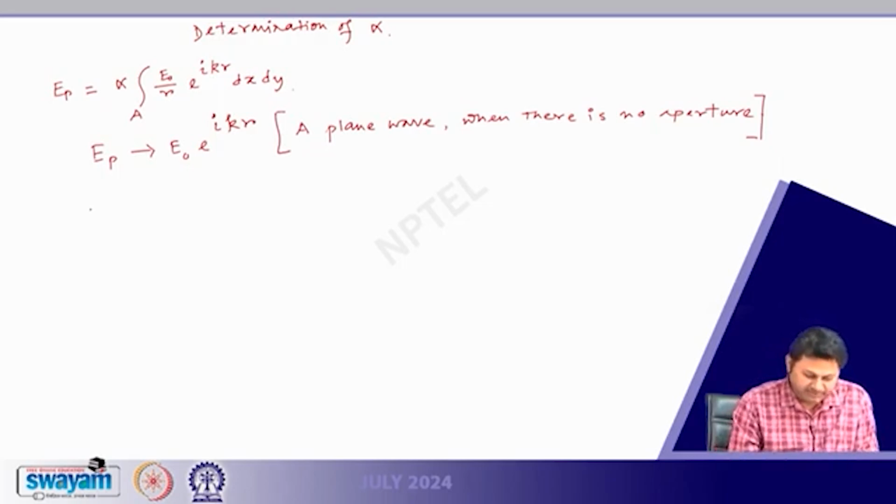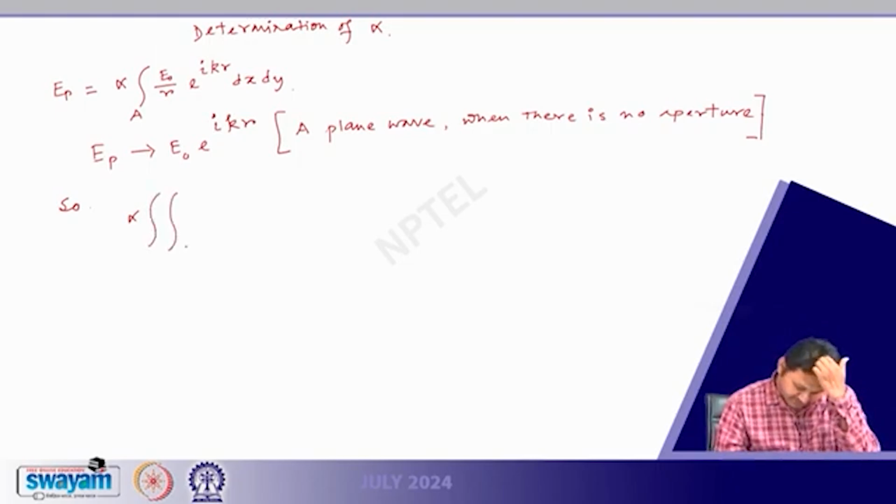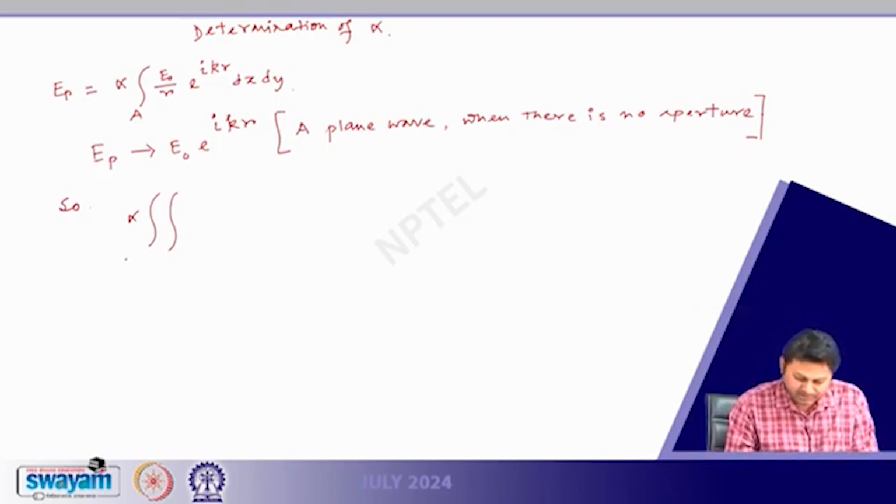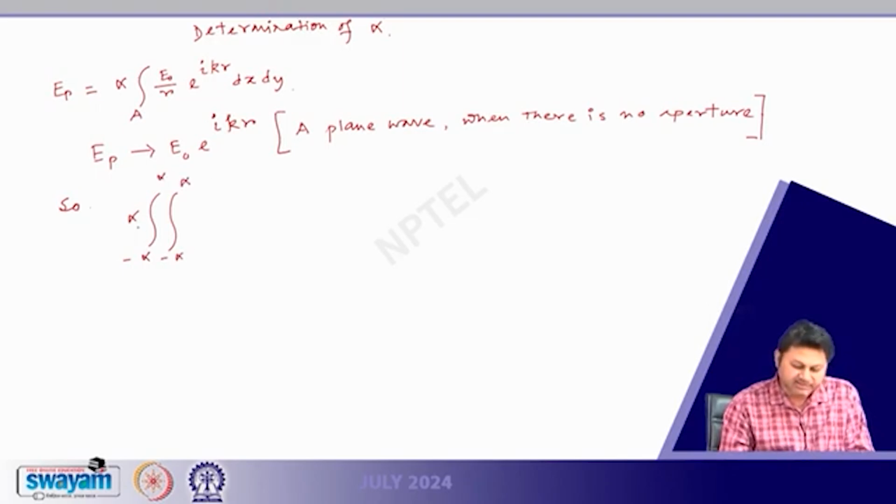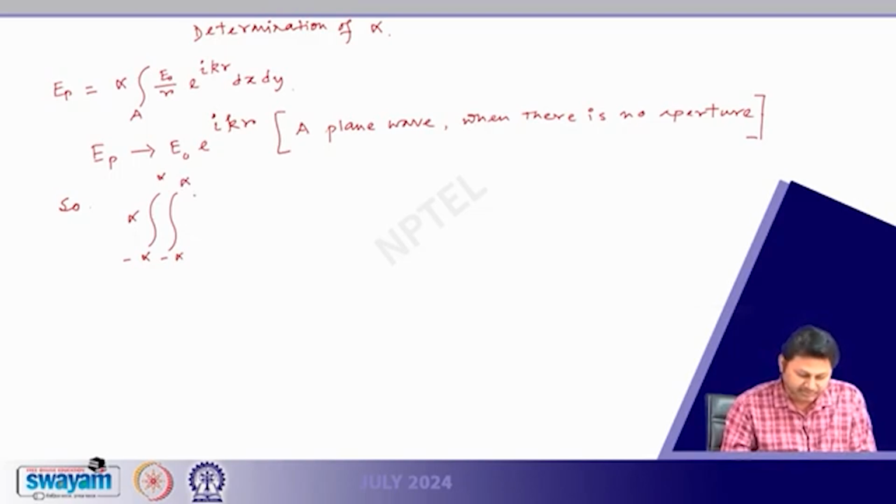So if that is the case, then we can simply write alpha times the integration, where I change this area from minus infinity to plus infinity. That means there is no aperture at all physically. Then this integration will be minus infinity to infinity, minus infinity to infinity. Please note that this is alpha and this is infinity, it looks the same.